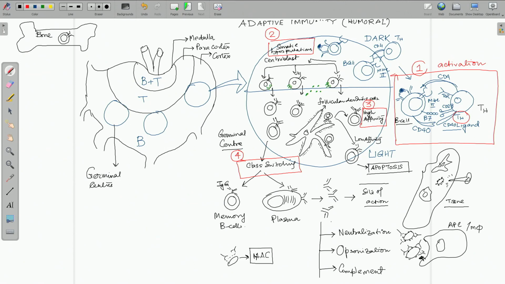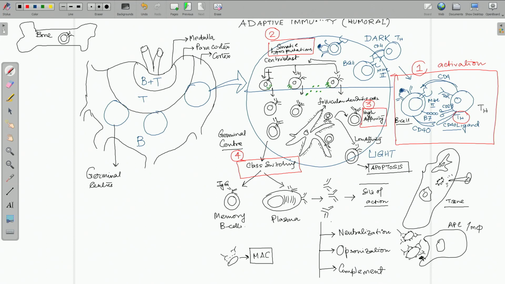So, if we look at the entire picture again very quickly: in the lymph node we have these 3 regions, the medulla, the paracortex and the cortex. The cortex portion primarily has the germinal center. The germinal center is the center for the activation and differentiation of the B cells.